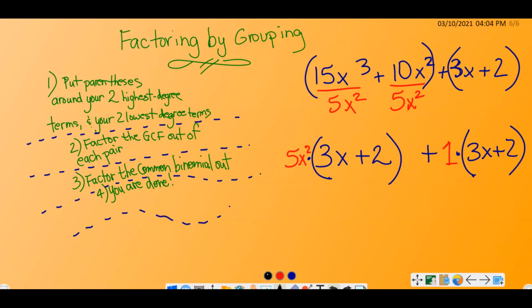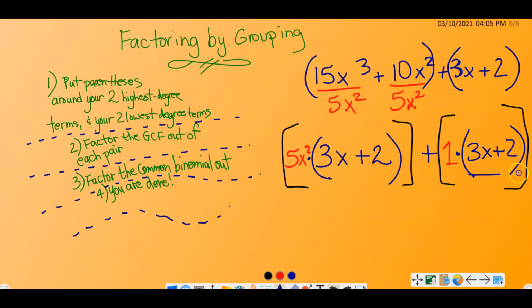They are the same, which means that since this is one big happy multiplication problem, and this is one big happy multiplication problem, I can factor out the common binomial. If after this greatest common factor business, you do not have a common binomial, you did something wrong, and you've got to go back and check your arithmetic.